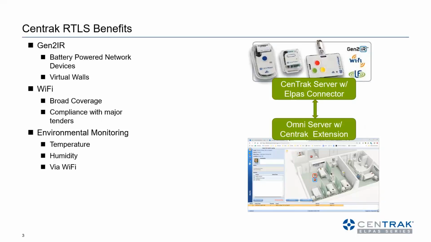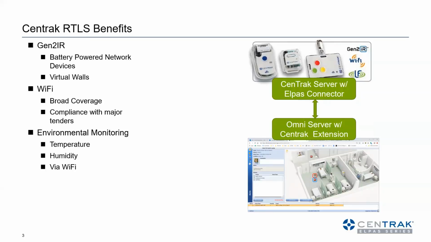We've got environmental monitoring in the Centrak RTLS system, so that we have temperature, humidity, and all that with sensors that transmit via Wi-Fi. So there are a lot of benefits to using the Centrak hardware network, the RTLS system, within the Omni software.